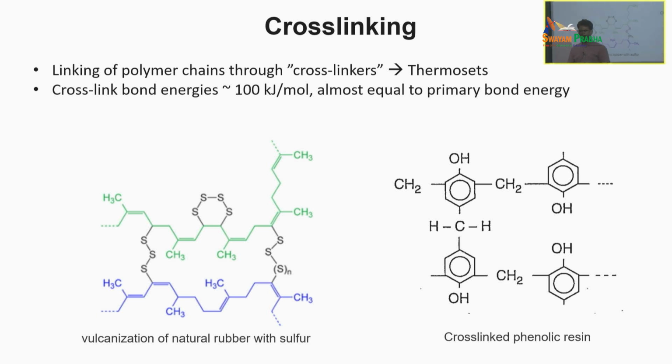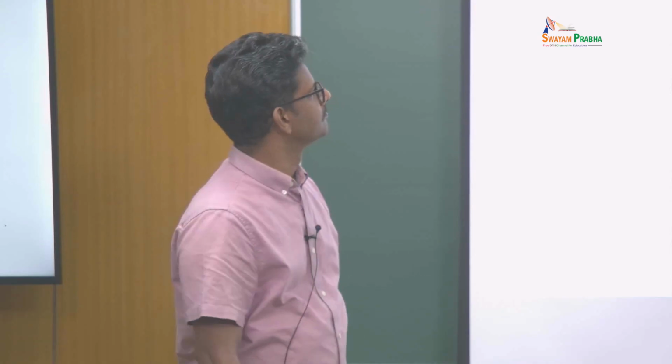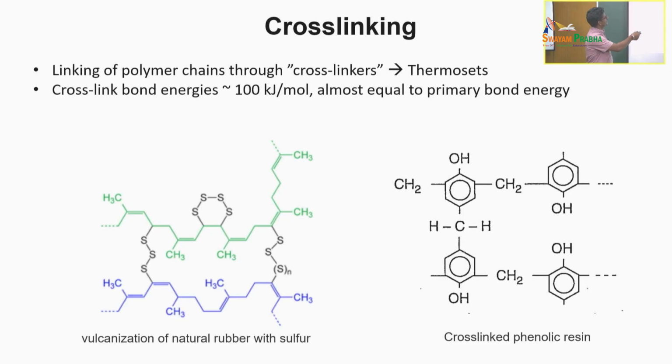So cross-linking always happens in a 3-dimensional way by linking molecules through a cross-linking agent, and these cross-links are as strong as the primary bonds. It is said that it can be of the order of hundreds of kilojoules per mole, almost equal to primary bonds.